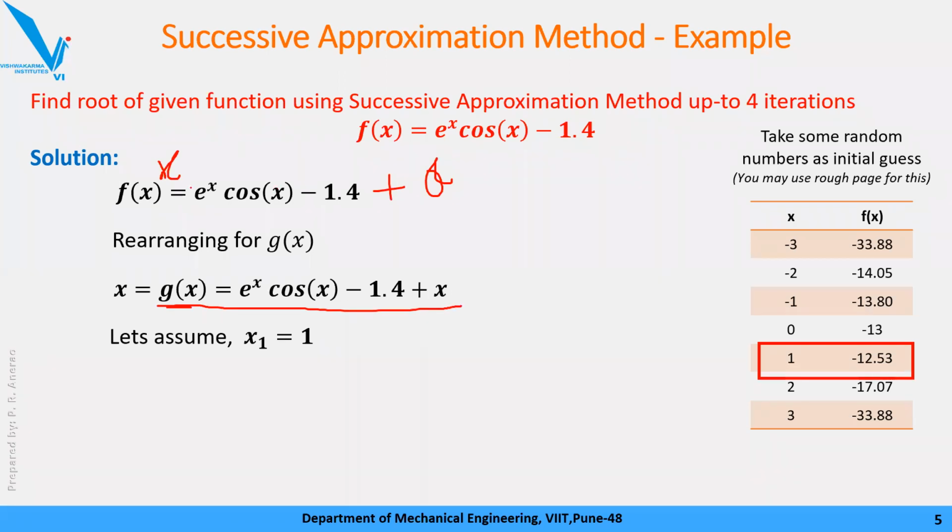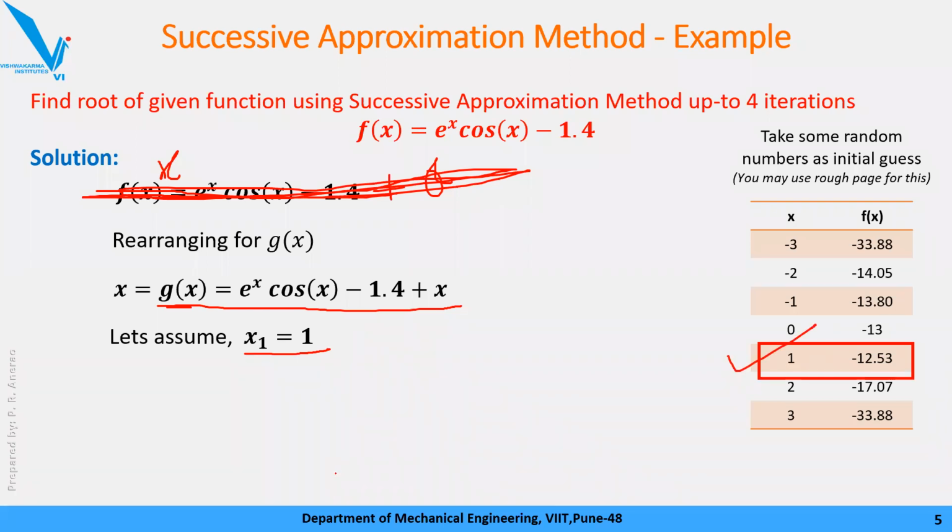Now forget that you had the original function. Don't worry about it now. Work with only this. With the rough calculation we came to know that the initial guess x1 is 1.